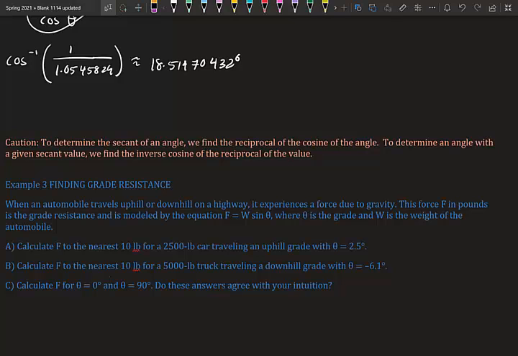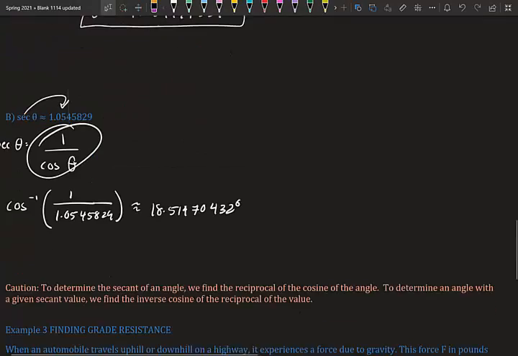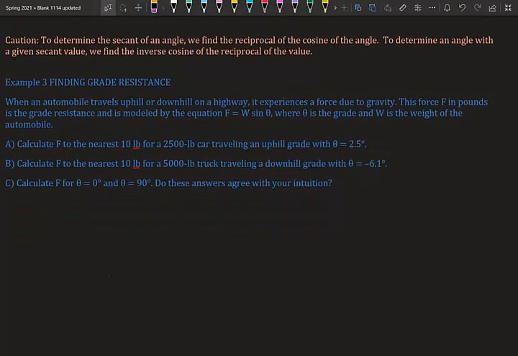To determine an angle with the given secant value, we find the inverse cosine of the reciprocal of the value. So meaning, if you're given cotangent or cosecant, you have to find the reciprocal first. Then you do the inverse. So like we did in part B. That's all that's saying.